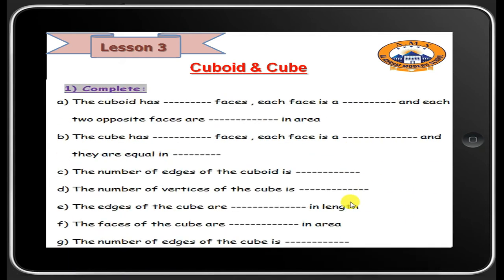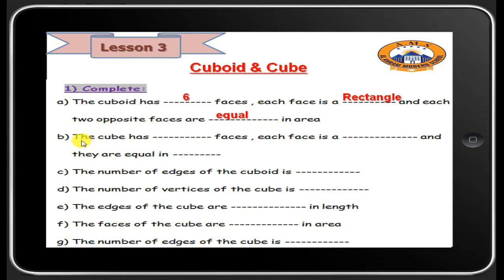We're going to have some exercises about the cube and the cuboid. The cube has how many faces? Yes, we told you that the cube and the cuboid have 6 faces, and the cuboid's faces are all in the shape of a rectangle, excellent, my dear student, and each 2 opposite faces are equal in area.